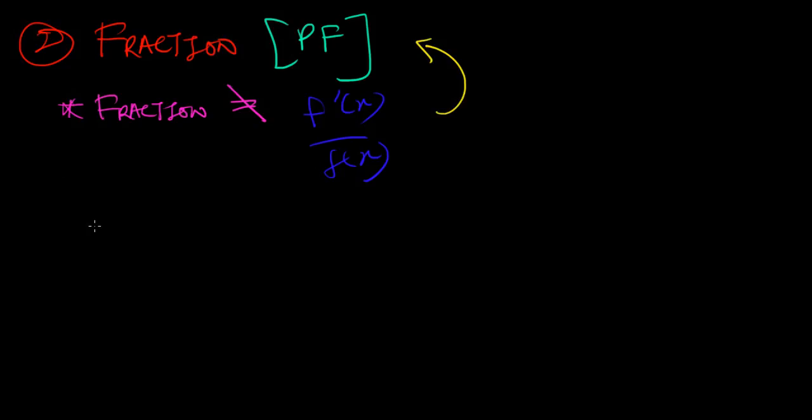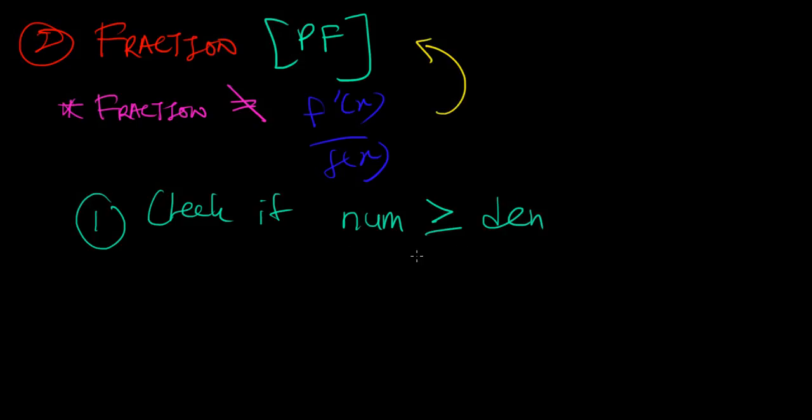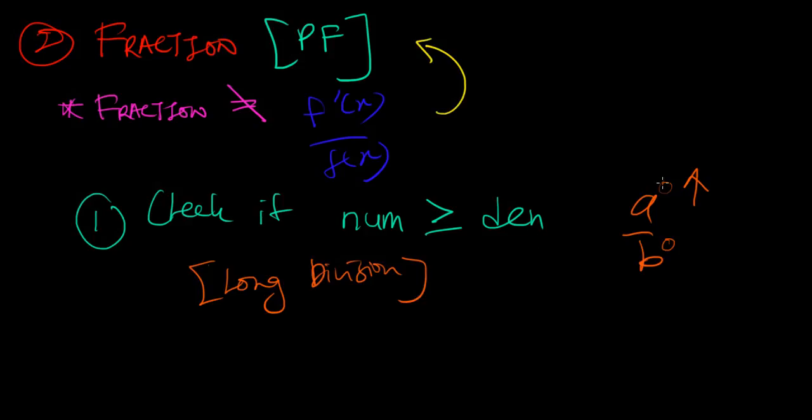The first step that you need to do is to check if the numerator is larger than or equal to the denominator. If the numerator's power is greater than the denominator's, you have to do long division. If the numerator and denominator are equal, you also have to do long division.